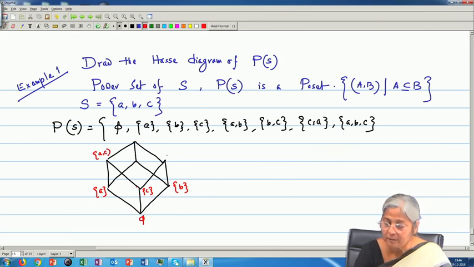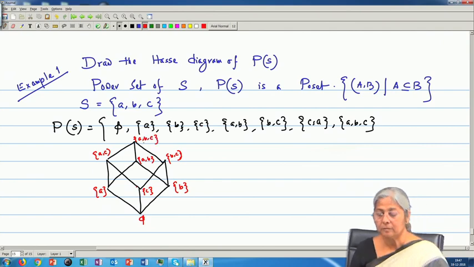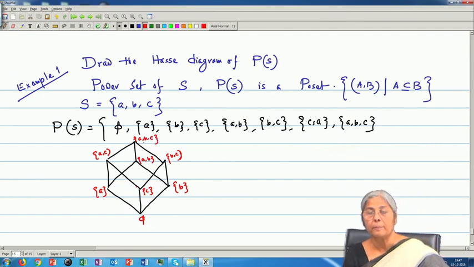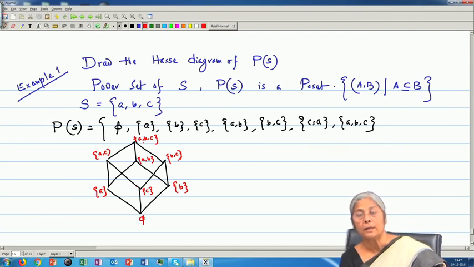Similarly, C and B, so this node must be BC. Then A and B, so this will be AB, and this will be ABC.